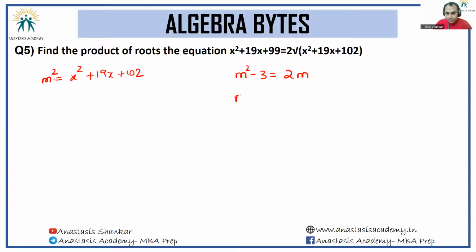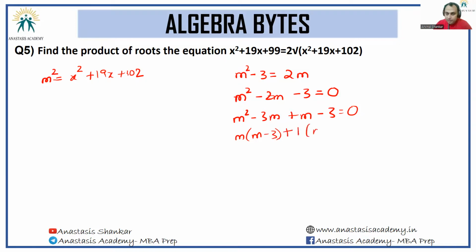Bring it to the other side. m square minus 2m minus 3 is equal to 0. So m square minus 3m plus m minus 3 is equal to 0. m taken out common, I get m minus 3 times m plus 1, or m is equal to minus 1 or 3.